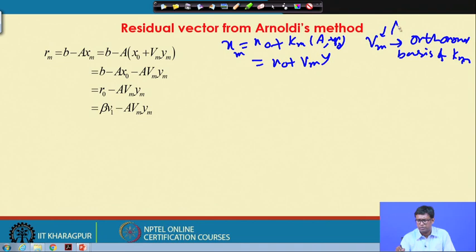So, this comes from Arnoldi's method. You can write xm is equal to x0 plus Vm ym, where the ym's are the coefficients which are multiplied with different basis vectors of the Krylov subspace to get a general vector in the Krylov subspace.